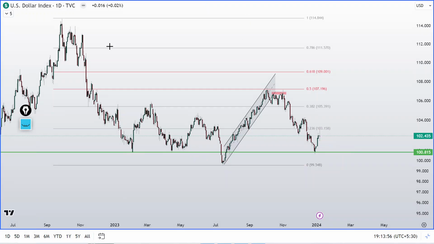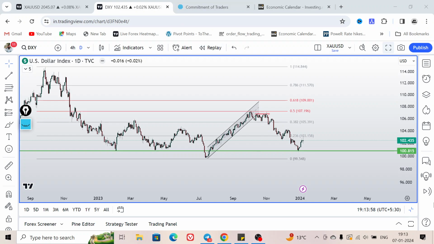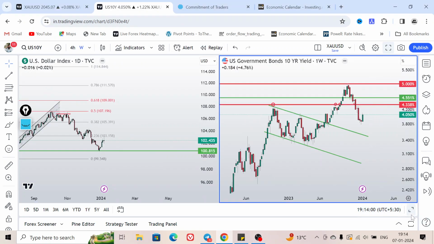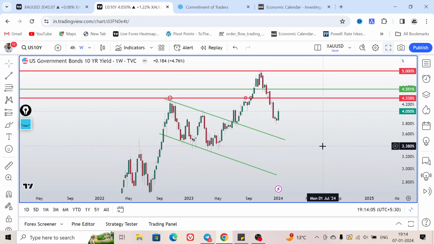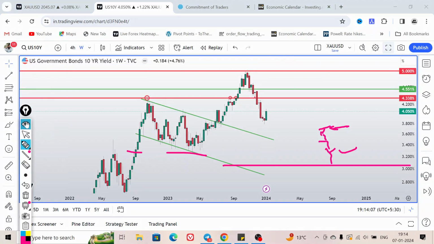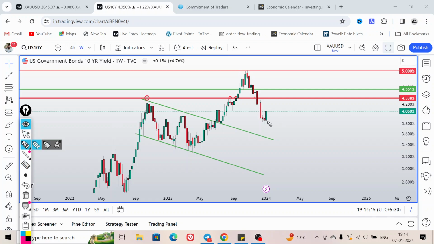And on the US 10Y, this is the US 10Y chart and this is the weekly chart, as you can see. On the weekly time frame, it is showing some strength, and the weekly candle is a good bullish candle, and we can expect some higher price, a higher range for this chart, and this is going to be bad for gold bulls.